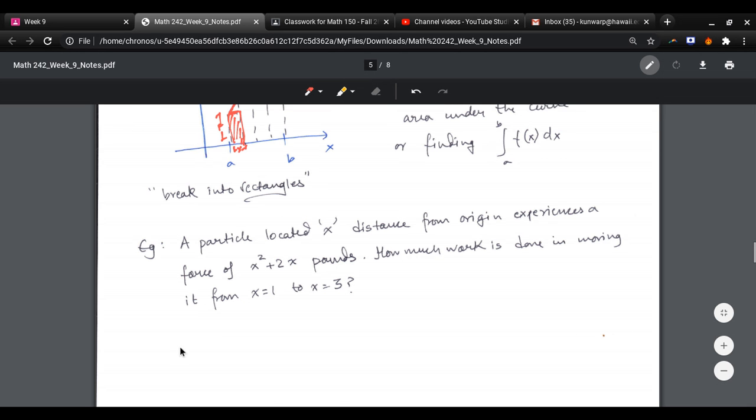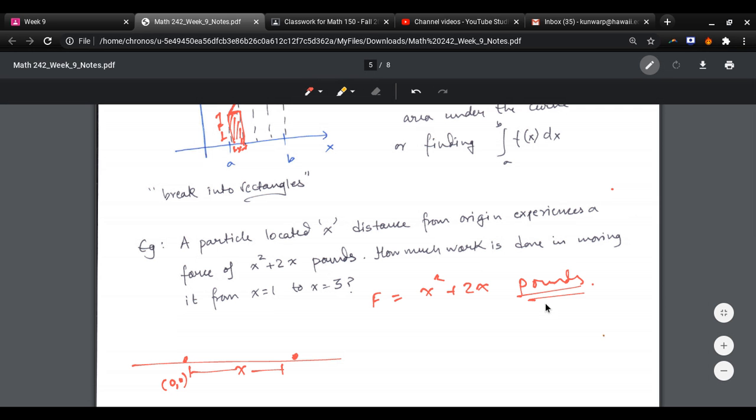Let's say there's a particle located x distance from the origin. Here's the origin, and there's a particle here at a distance x from the origin, and it experiences a force of x squared plus 2x pounds.